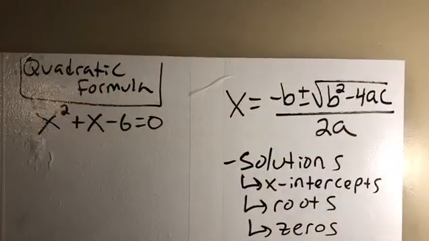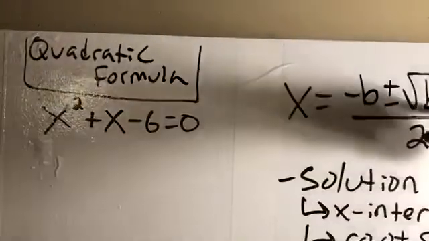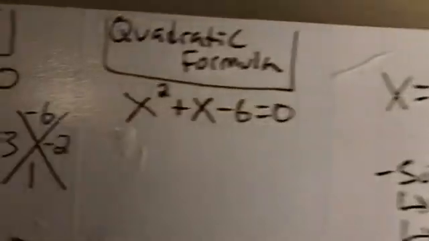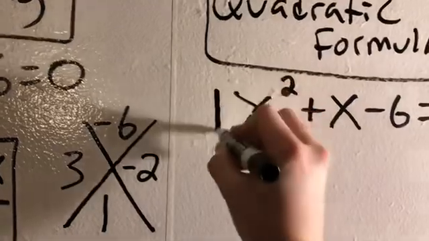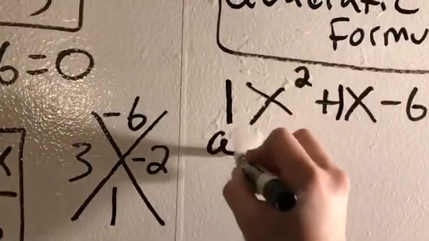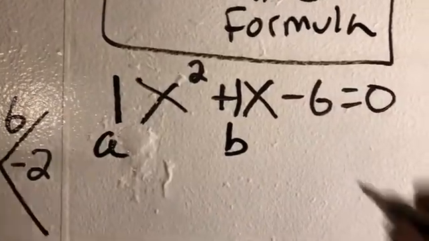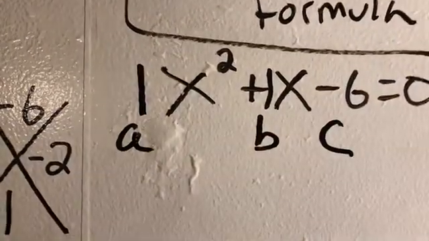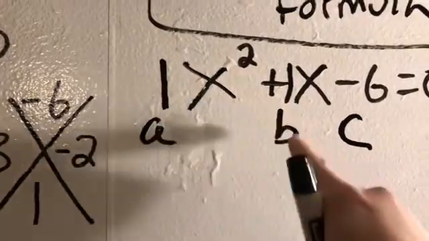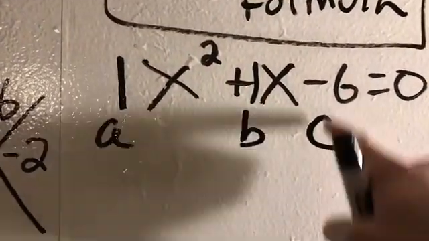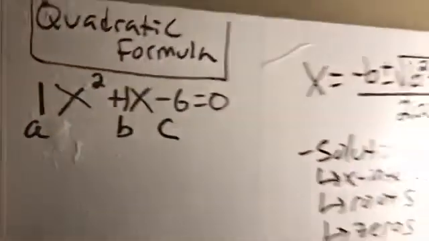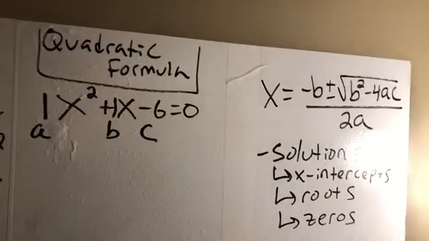Now, in order to use the quadratic formula, we need a, b, and c. You are always going to get a from the number out front of x squared. B is always the number out front of the regular variable, and c will always be the constant. So a is +1, b is +1, c is going to be -6 here. And now we're just going to plug that into the quadratic formula.